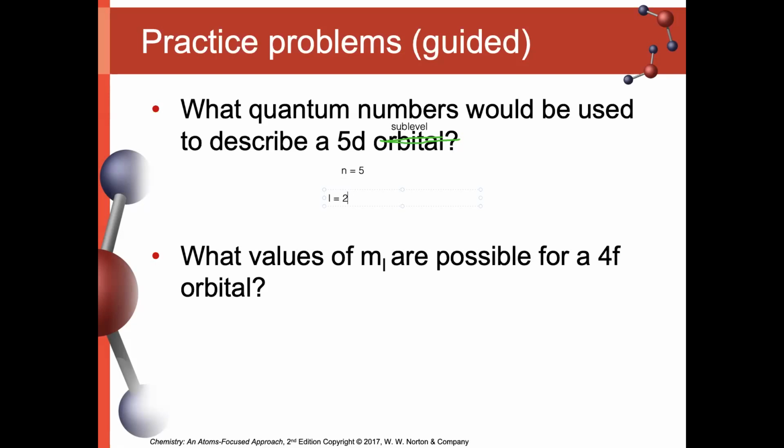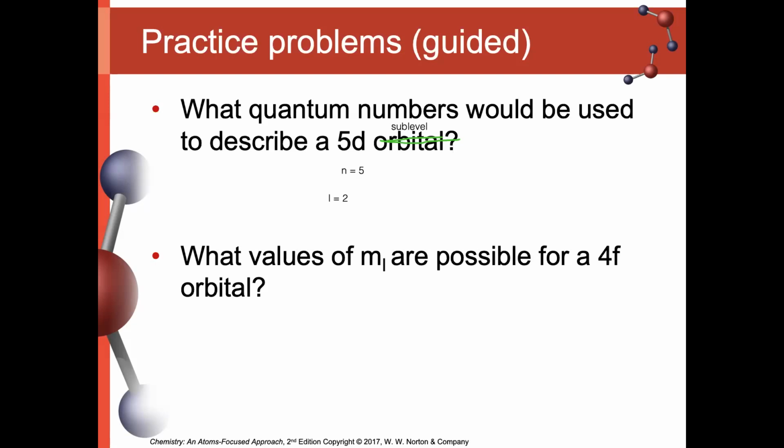One of the bigger mistakes that students make is assuming that n minus 1 always dictates what the quantum number for L should be. That's not what it is. N minus 1 just tells us the maximum value of L. If we know what the orbital shape is, then we know what that sublevel designation is going to be. So we know that D corresponds to the angular momentum quantum number of 2. That's where the L equals 2 comes from.